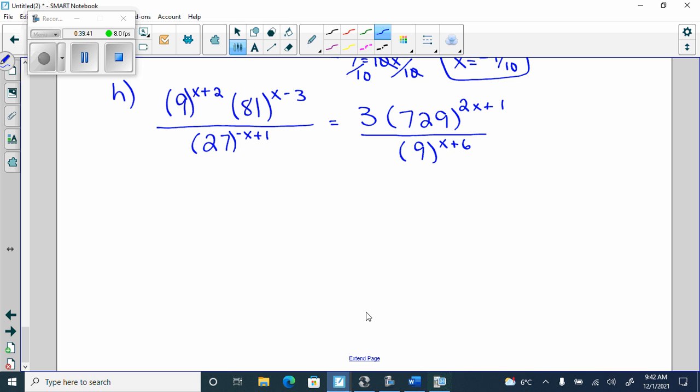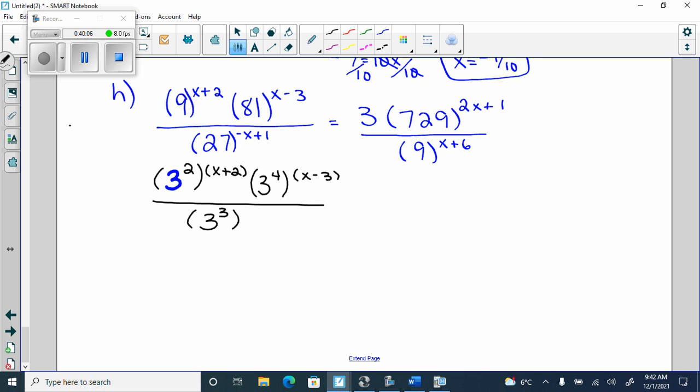So now let's do it actually mathematically, because if they ask you to do that correctly, you are in trouble. So, 9 is 3 squared, so 3 squared to the x plus 2. 81 is 3 to the 4, x minus 3. 27 is 3 to the 3, negative x plus 1. 3 to the 1. 729 is 3 to the 6.